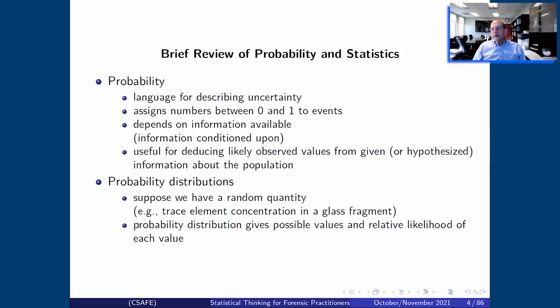And we spent some time talking about the fact that probability depends on information you may be assuming, and that will come up quite a bit today. And probability distributions will come up when we try to talk about building likelihood ratios. It requires us to be able to talk about how likely certain measurements are under different scenarios.